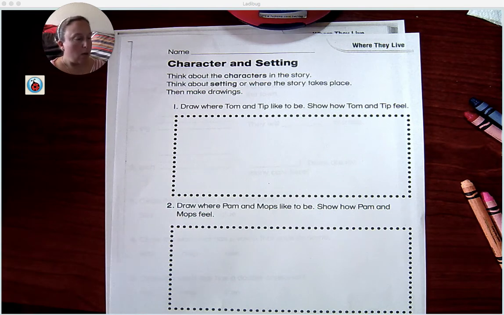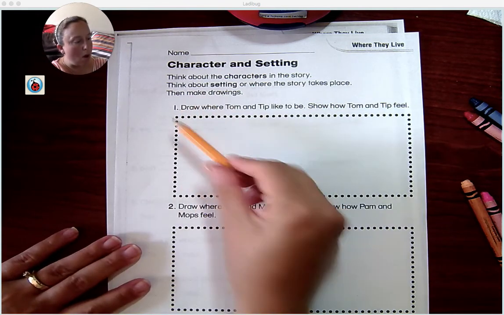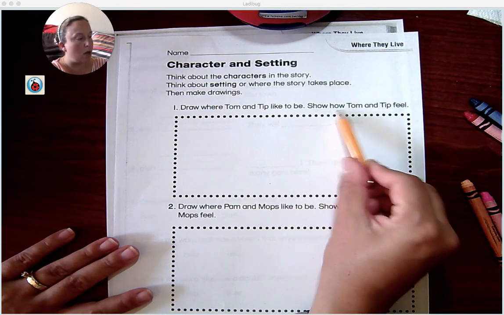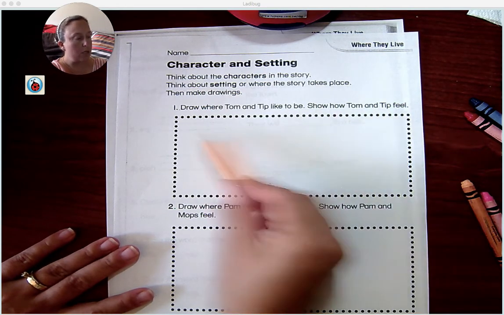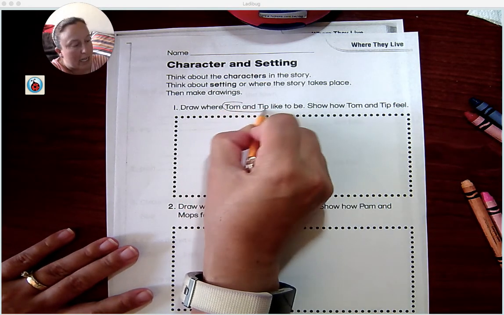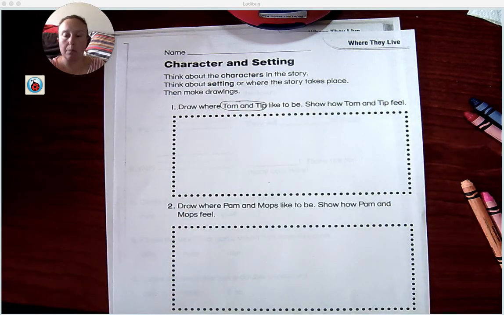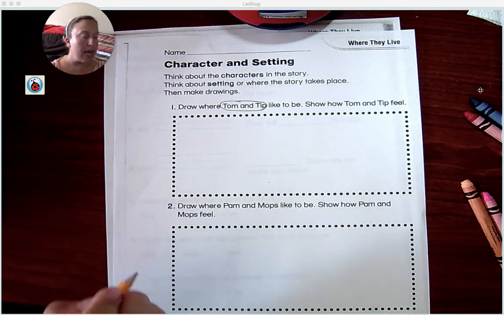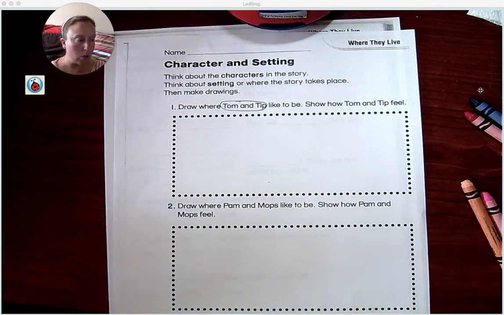So, question 1. Draw where Tom and Tip like to be. Show how Tom and Tip feel. So inside this box, I'd like you to draw the setting for Tom and Tip. And so what I'm going to do is I'm going to pause my video so that I can draw, and you should pause yours so you could do the same.